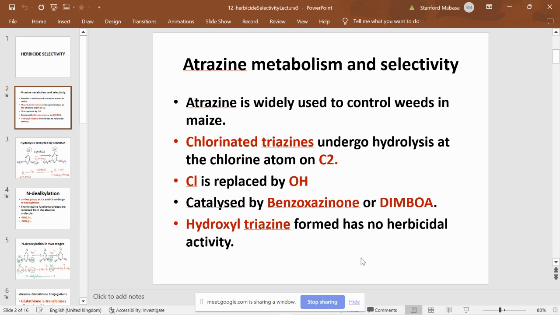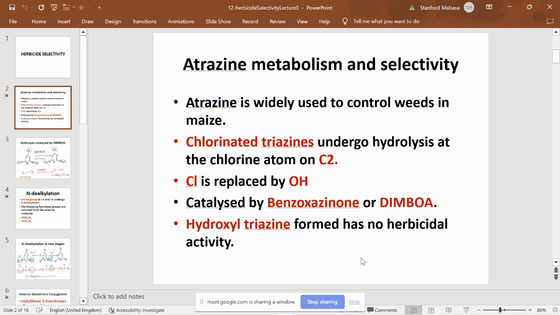Atrazine is widely used to control weeds in maize. Its molecule has a chlorine atom, so we talk of chlorinated triazines, which can undergo hydrolysis at the chlorine atom on carbon number 2.